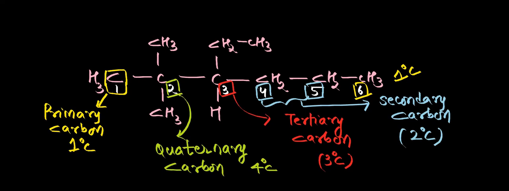Now we'll see the second classification of carbon atoms. The second kind of classification is considered when a functional group is present. When a functional group is present, how do we classify the carbon atoms?